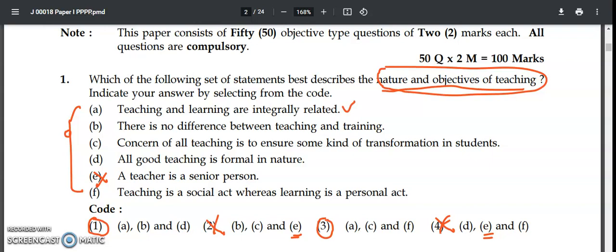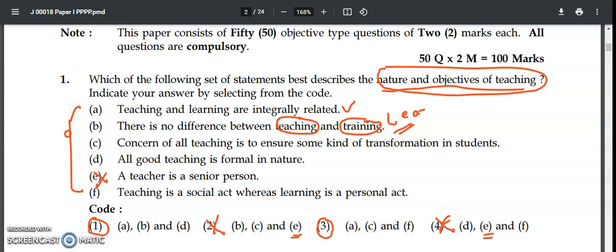For explanation purposes, teaching and learning are integrally related. That means teaching leads to learning and learning leads to teaching. Coming to option B, there is no difference between teaching and training. There is a lot of difference. Training is nothing but learning the skills, and teaching is just delivering or giving the instructions.